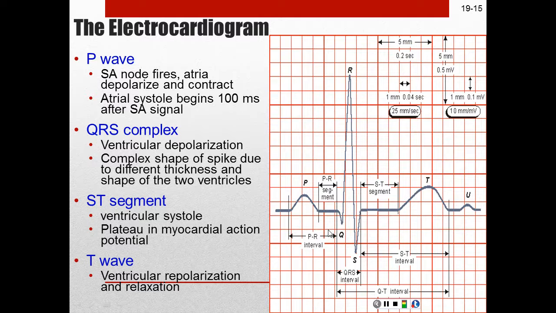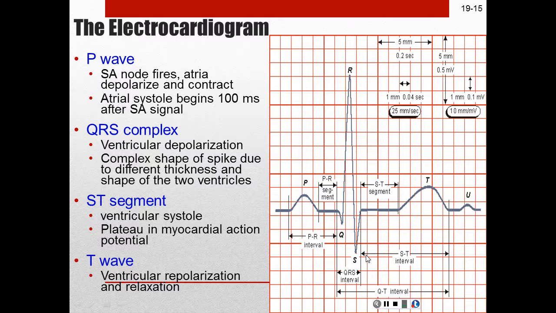Okay, now the QRS complex. So that's here, from here to here. This consists of a very small downward deflection, Q, which comes down, then a tall, sharp peak, R, and a final downward deflection of our S. And it is produced when the signal from the AV node spreads through the ventricular myocardium and it starts to depolarize the muscle.